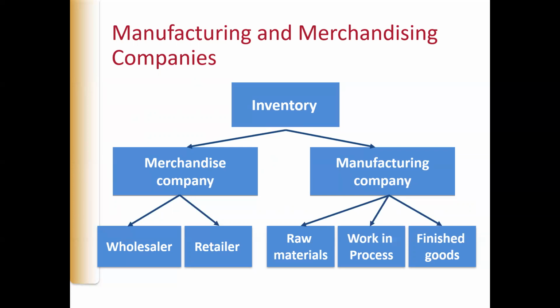The work in process account is used until the goods are completed and ready to be sold. Once those goods have finished all their manufacturing, they are moved into finished goods. It is these finished goods that are able to be sold. So know that merchandising companies versus manufacturing companies have different types of inventory.